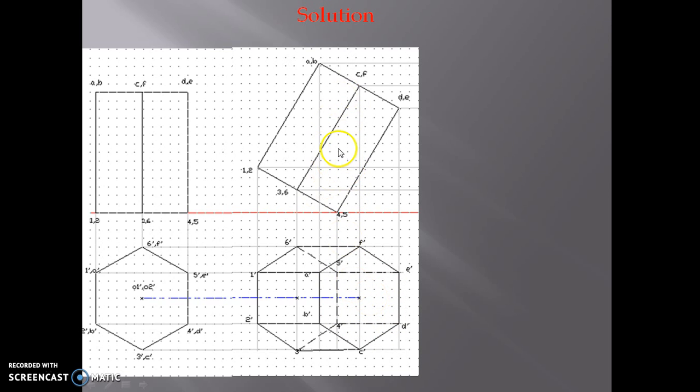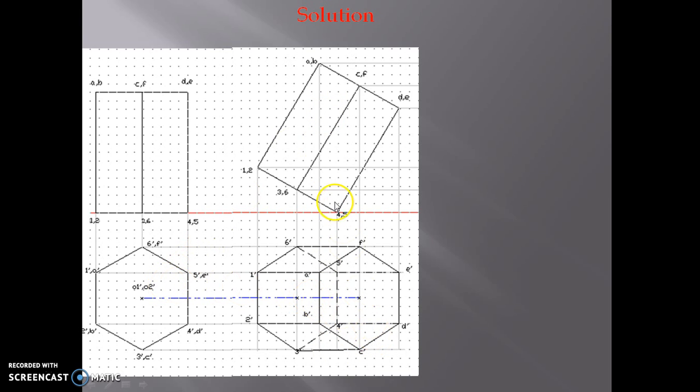Similarly, see the vertical edges. Vertical edges 1 1A, 1 dash A dash, 2 dash B dash, 3 dash C dash, 6 dash F dash, all these are visible, and only these two edges are invisible looking from top. So construct this view from this second front view and this first top view.